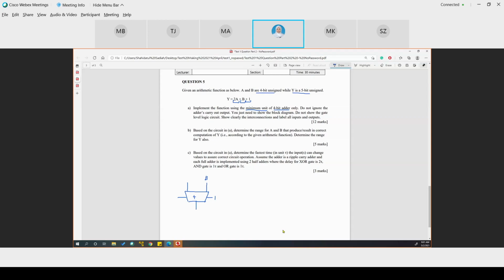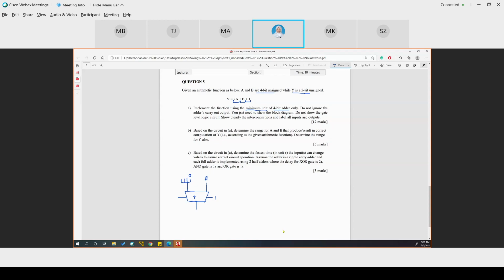You can use 2 adders to add A and A, but then this is not minimal. It's acceptable, but it's not minimal. So when this happens, think of the hardware. You just hardwire the LSB to 0.